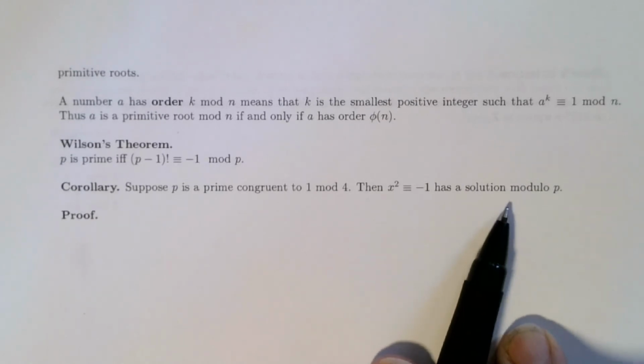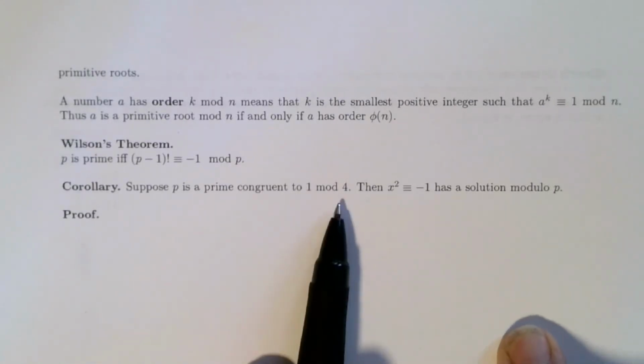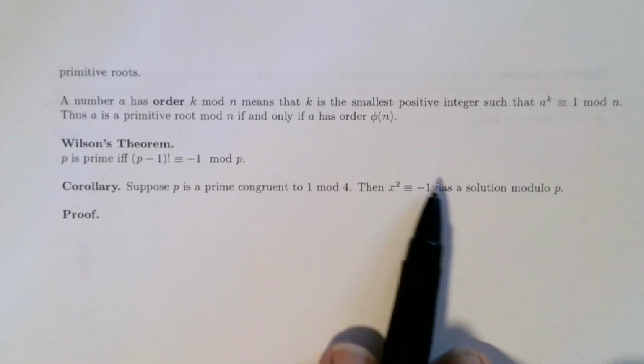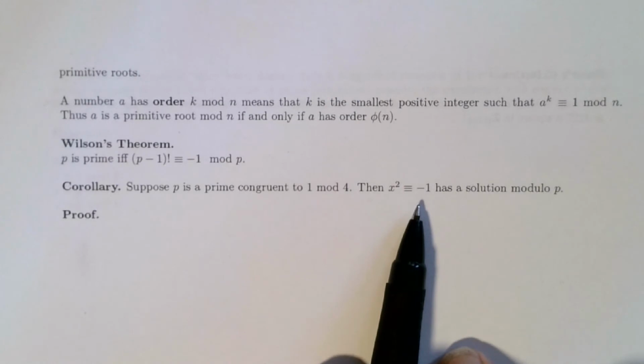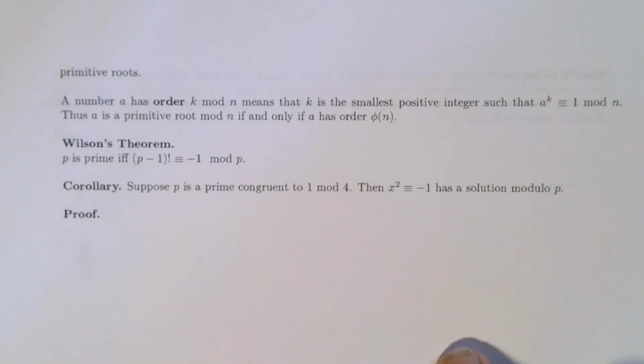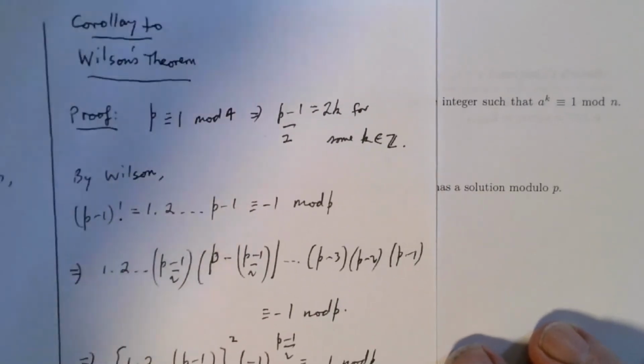This is the first instance where one sees the primes splitting into two classes, the 1 mod 4s and the 3 mod 4s. You'll see many examples of where this happens. Now, my little proof of this, which I'll take you through, is worth seeing here. So this is the corollary to Wilson's Theorem.